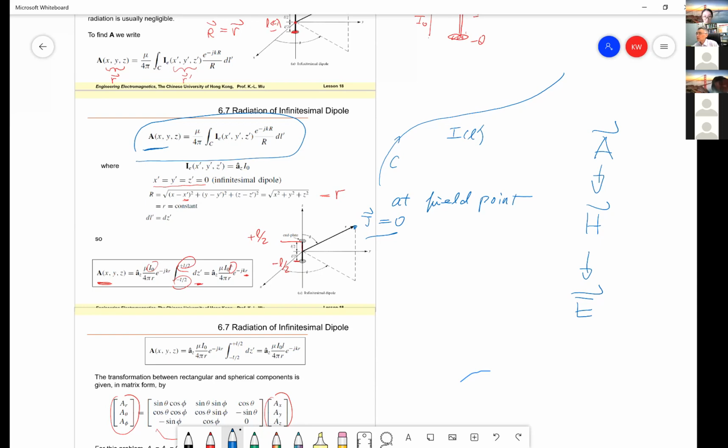And who determines A? Current. Now you know what creates the electromagnetic field: current. How do we control the current distribution? That depends on how you design the antenna, because different antenna geometries form different current distributions.